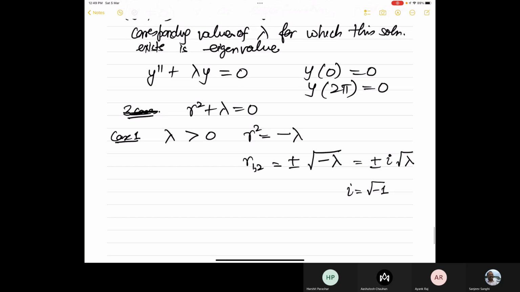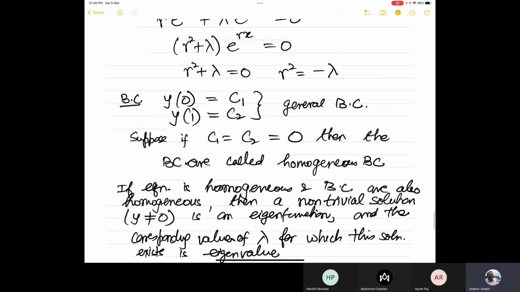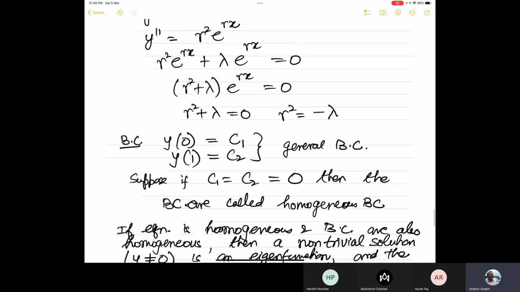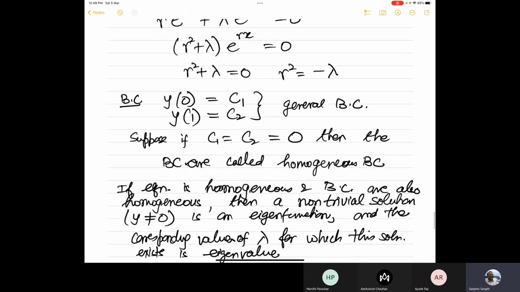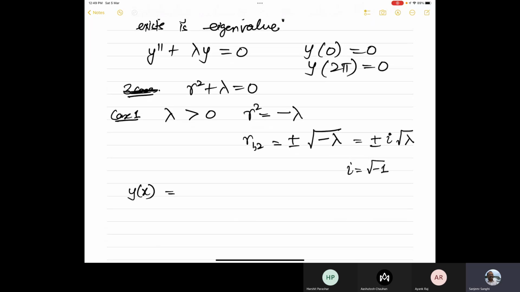Now, if we write the solution for this, we get y of x is equal to e to the power of rx.